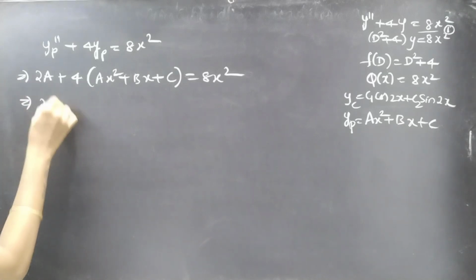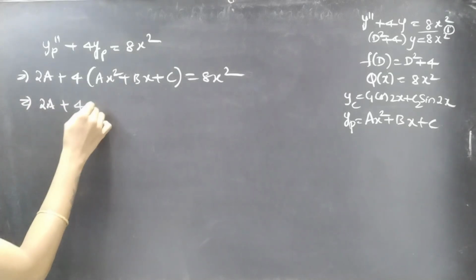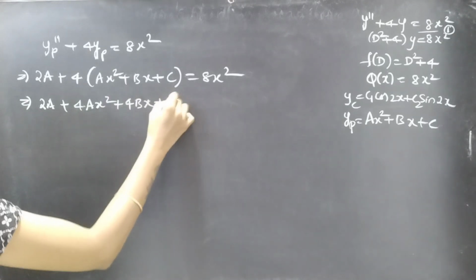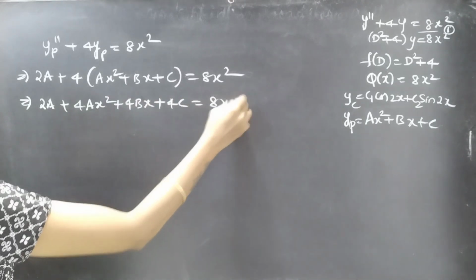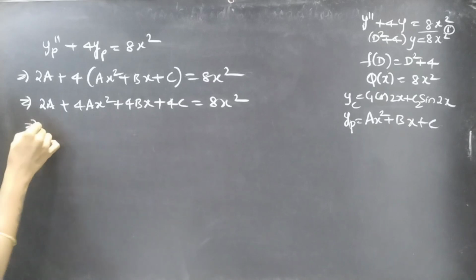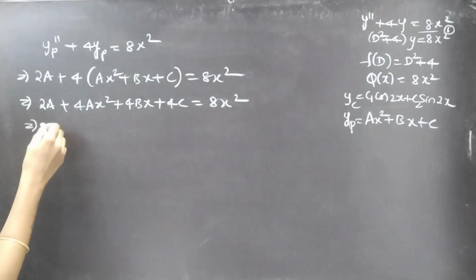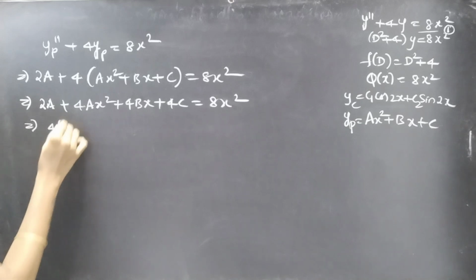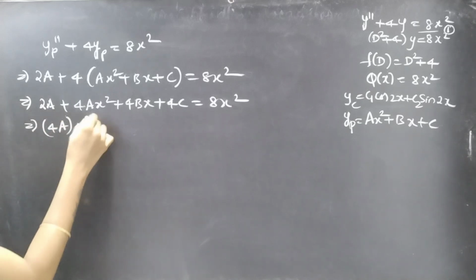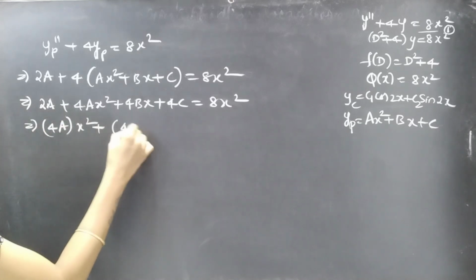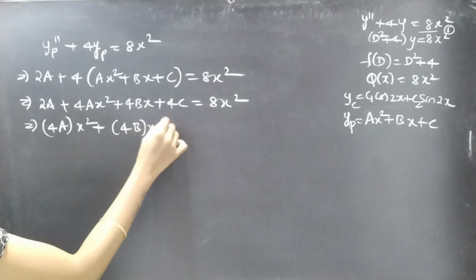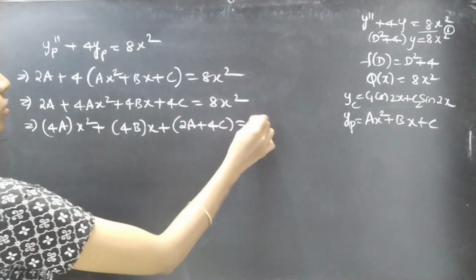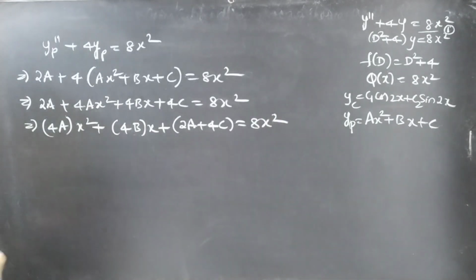This gives us 2a + 4ax² + 4bx + 4c = 8x². Now let's write this equation as 4a into x² plus 4b times x plus the constants 2a + 4c, equal to 8x².